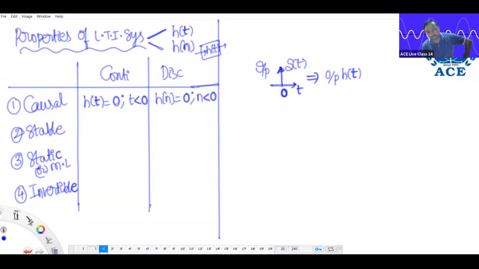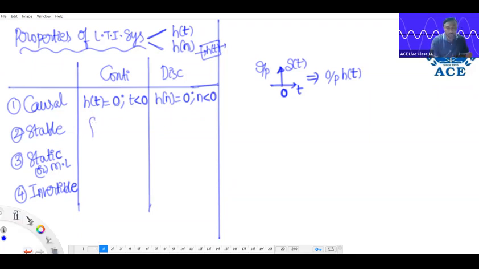What is the name of the output? Impulse response. When you are applying the input at 0, how can we expect the output before that instant? So before application of input, output is not possible. As we are applying the input as an impulse, impulse response must be 0 for negative time.